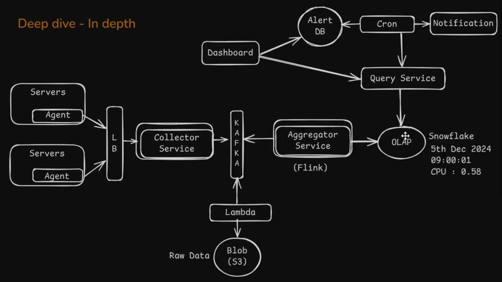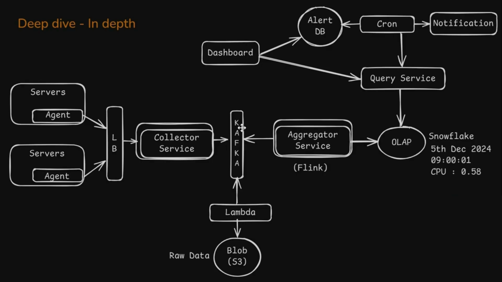But what happens if there are any messages which are missed, or if some services are down for aggregation, or some messages are missed from this Kafka?